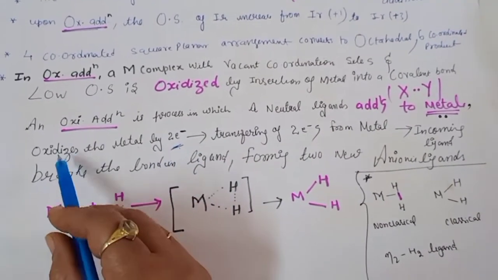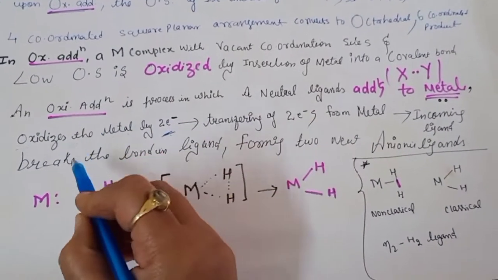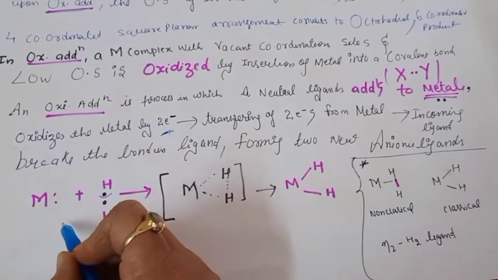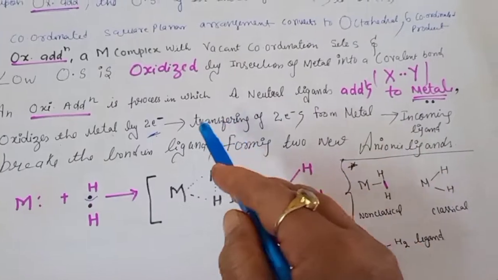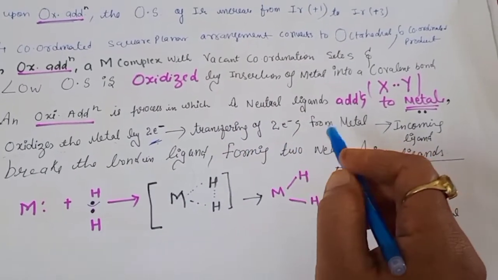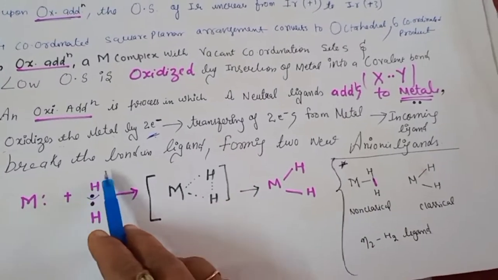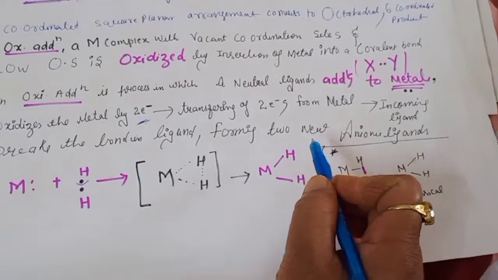What is the meaning of it? Oxidizes the metal by 2 electrons means it will take the electrons of the metal. These 2 electrons will be transferred from the metal to the incoming ligand, and this will break bonds in the ligand, and they will form 2 new anionic ligands.